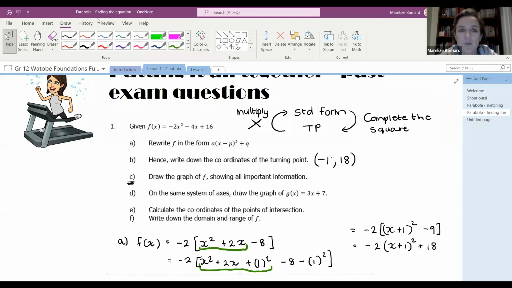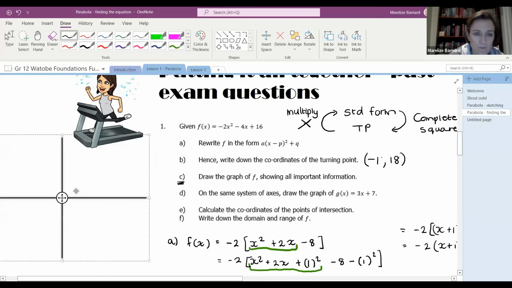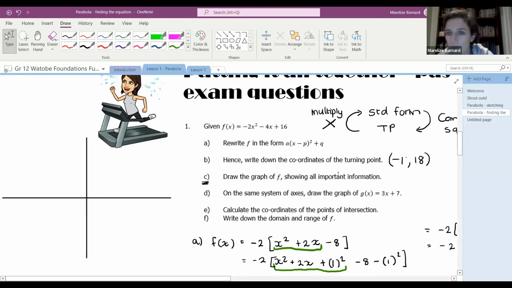As soon as you have your x-intercepts, pop them in the chat. Let's see what you're getting. Okay, Diara says 2 and -4 for x-intercepts.